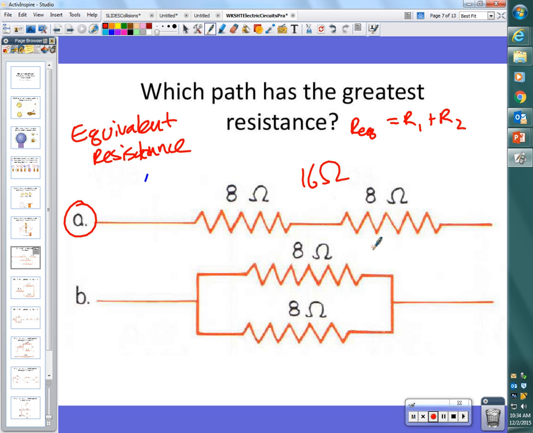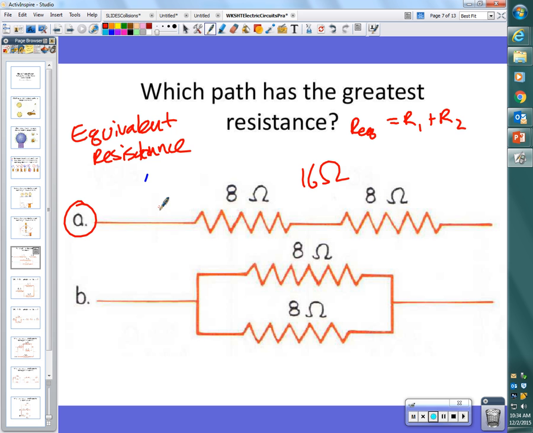So the question is, the amount of resistors doesn't matter, it's just the same amount of resistance. Technically, yeah, that's the idea of equivalent resistance. The equivalent resistance is the total resistance here. The total resistance is 16 ohms, even though it's split up into two 8-ohm resistors.